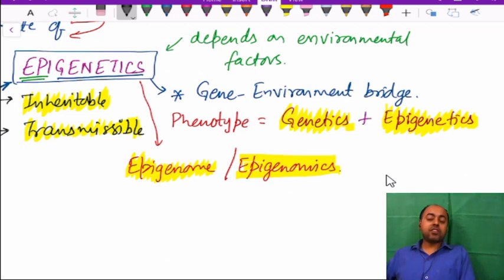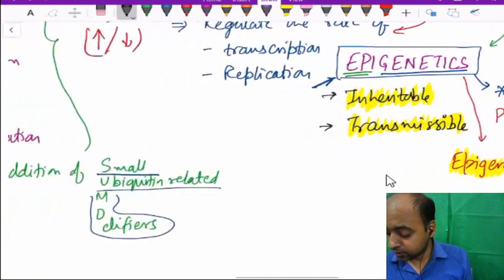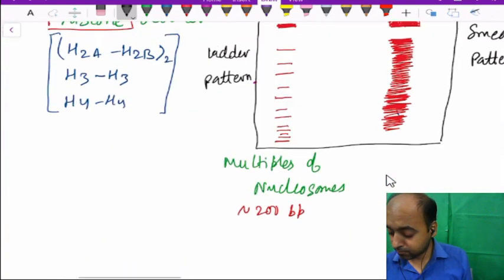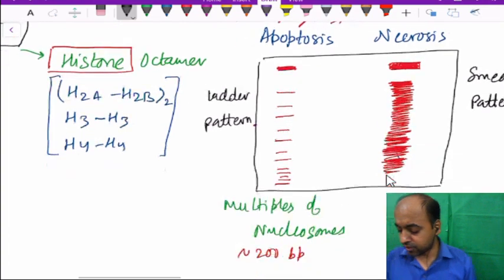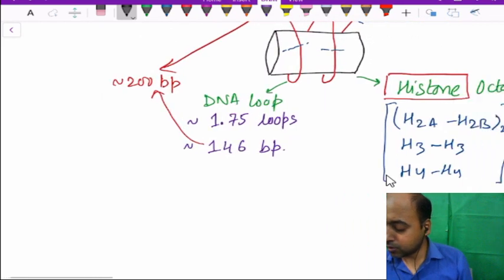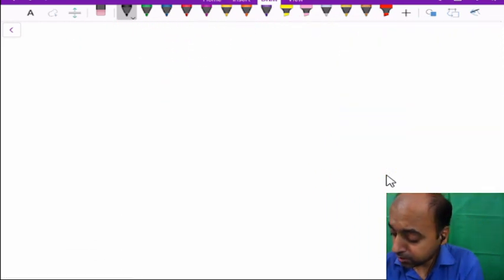So this was the first level of organization, which we called the nucleosome. Let's go to the last level of organization, which was the chromatin. So now we are going to be talking about the chromatin.